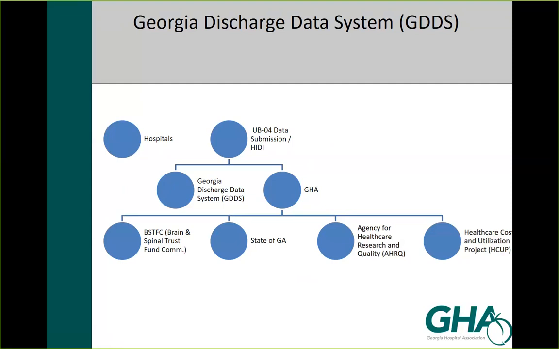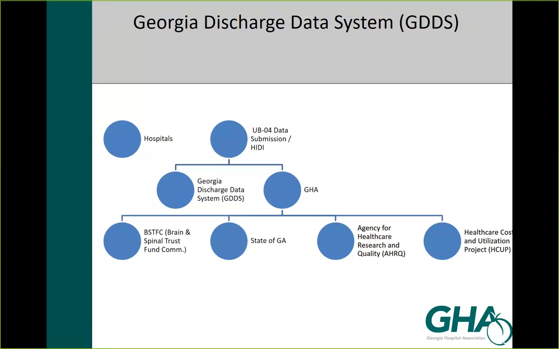Once that data is compiled and validated, it becomes what is known as the Georgia Discharge Data System, and GHA receives access to that. We provide that to our other vendor, Javion, who makes the data available to all of you through the visualization tool that we are using now.